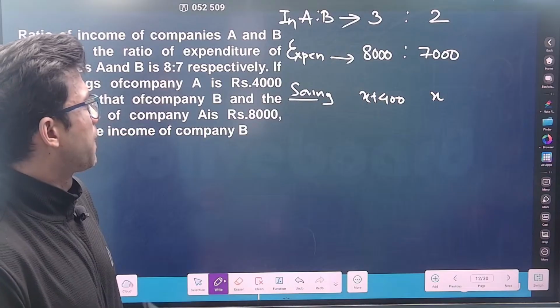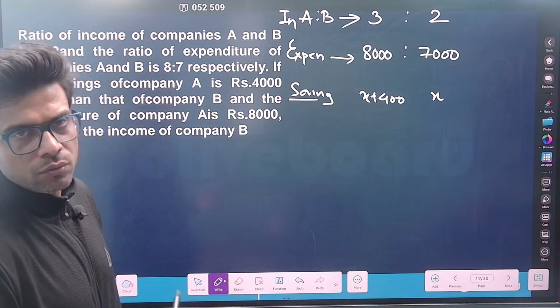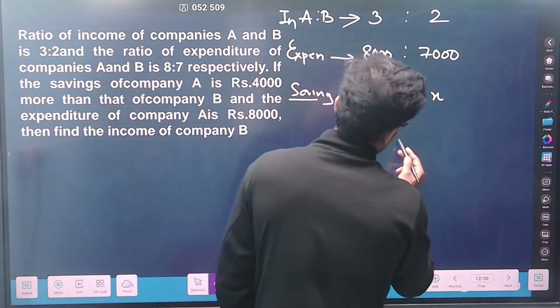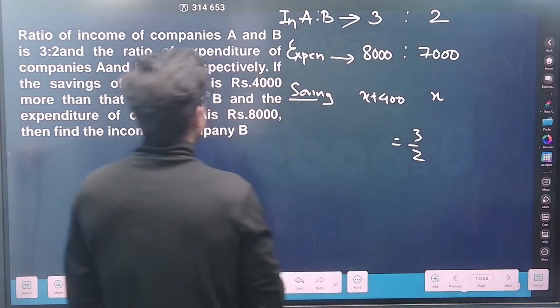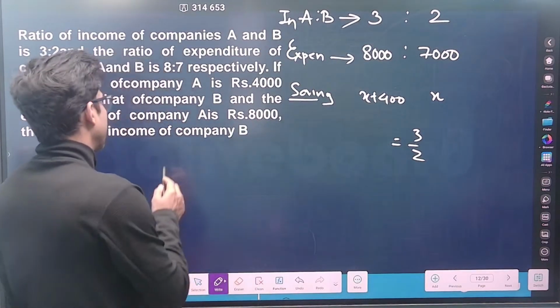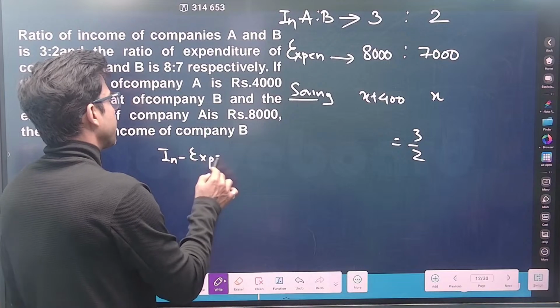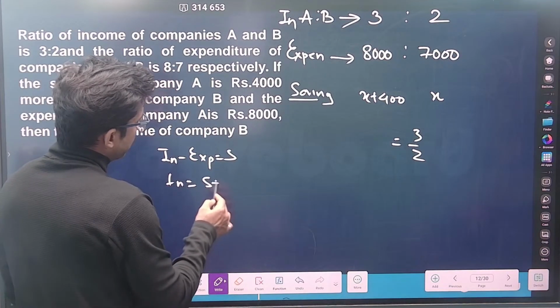Now, the ratio 3/2 would be equal to what? The income ratio, which is 3/2. Now, income is basically what? If income minus expenditure is saving, can I say income is equal to saving plus expenditure?